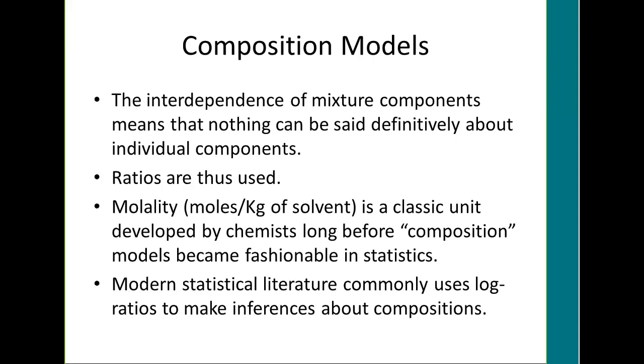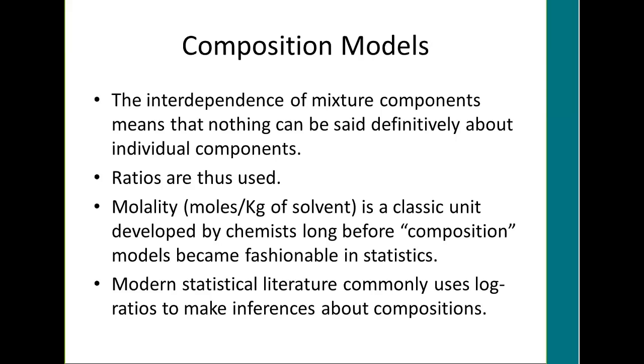And the early pioneers in chemical thermodynamics recognized that to some extent. You'll see that in most electrolyte thermodynamics, at least, they use molality, which is moles per kilogram of solvent. It's the composition variable that they model. And they recognized that long before the statistics community came along.